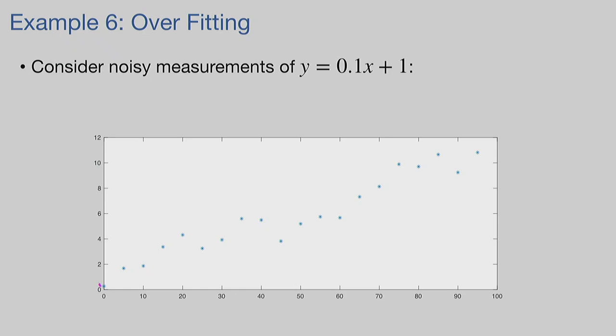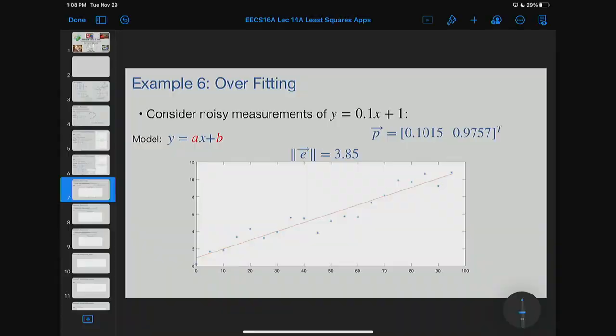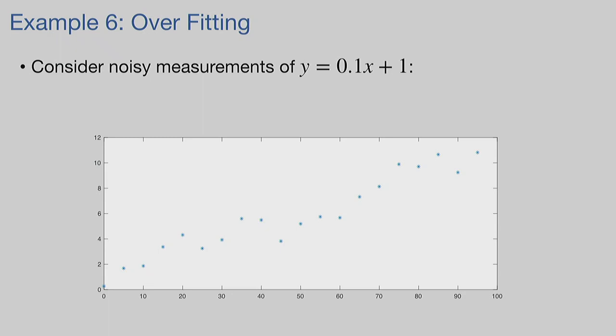I generated an array that looked like that, according to this model, and then I added some other value, n, some noise. And because it's noisy, it doesn't look like it's necessarily exactly on a line.